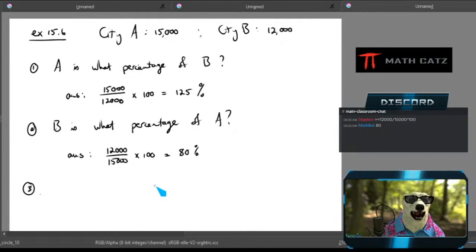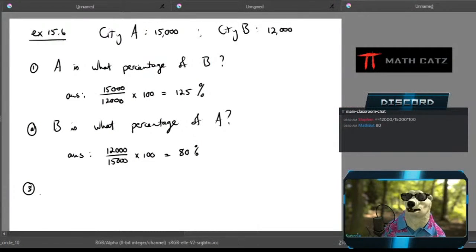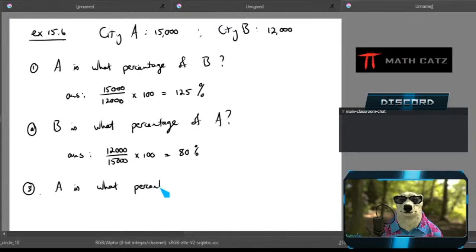All right, so now let's just show the next two are similar but different from the first. City A is what percentage larger than B? A is what percentage larger than B? Let's write that down. A is what percentage larger than B?